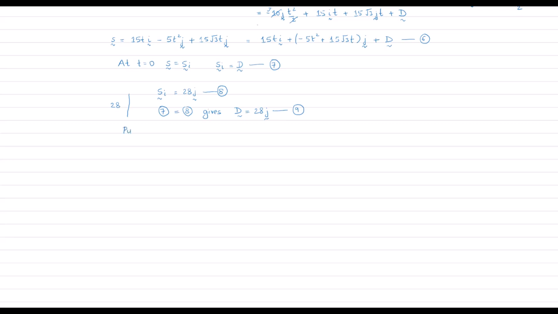So if I put equation number 9 in equation number 6, I will get the displacement will be equal to 15t i plus minus 5t square plus 15 root 3 t, and then let me also, in the same step, put the value of d, which is 28 times j.